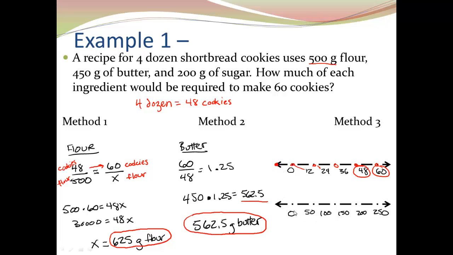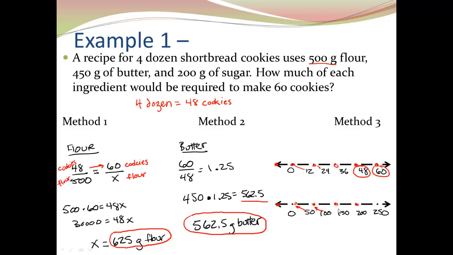So you can then say, okay, well, at 0 cookies, I need 0 grams of sugar. At 48, I knew I needed 200. And I've got 1, 2, 3, 4 different intervals, so we're dividing that 200 up by 4. 200 divided by 4 is 50, so the rate of change is 50. So we drop by 50 each time. Again, 0 is over here.